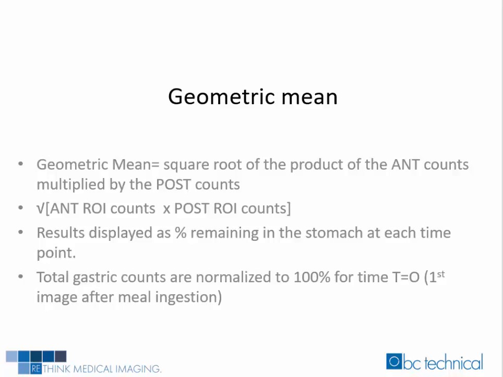The results are displayed as the percent remaining in the stomach at each time point. Total gastric counts are normalized to 100% for time 0, which is the first image taken after the meal is ingested.